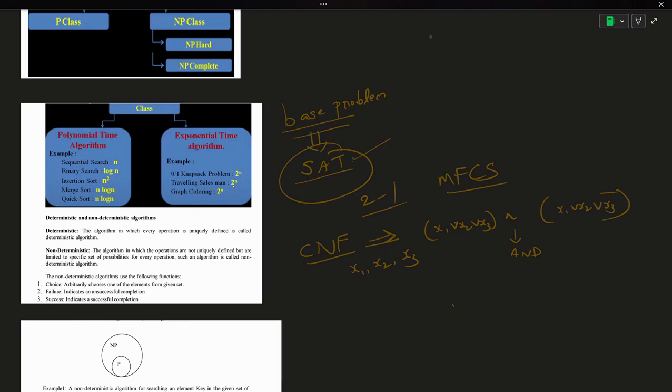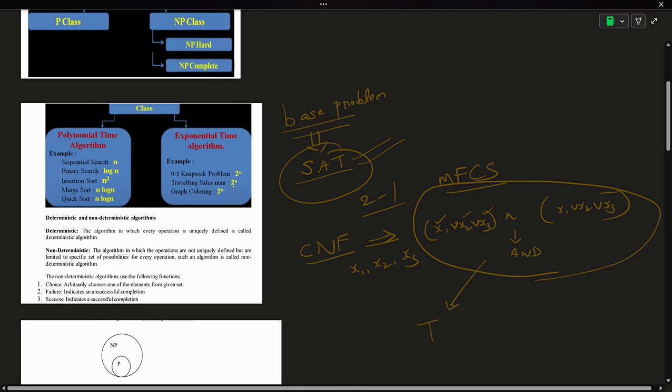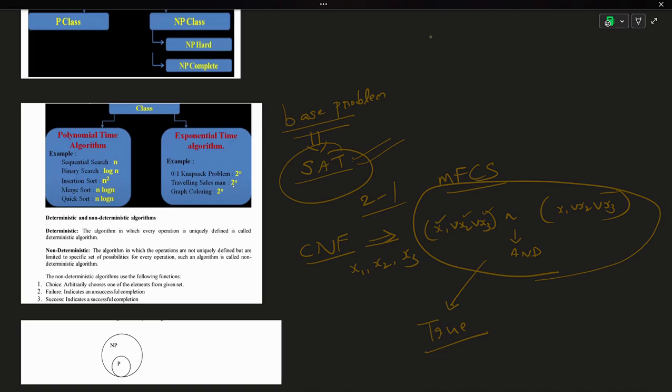Satisfiability problem means that for some values of x1, x2, x3, this propositional logic returns a value of true. That is exactly what satisfiability means. A propositional logic formula Q is called satisfiable if there exist some assignments to its variables x1, x2, x3 which return its value as true.